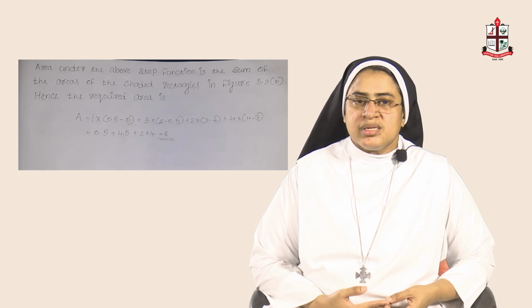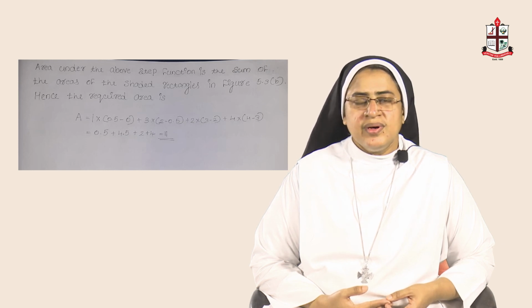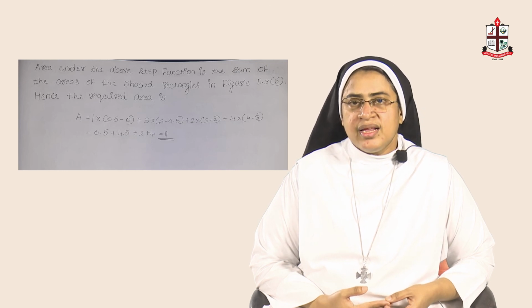The last subinterval, the value of the step function g is 4, and you will get 4 into 4 minus 3. So, when you total the value, you will get 0.5 plus 4.5 plus 2 plus 4, the final value is 11. So, it is possible to find the area of a step function. You are just climbing the step one after the other and counting all the path which you traveled, and you will get the final area.